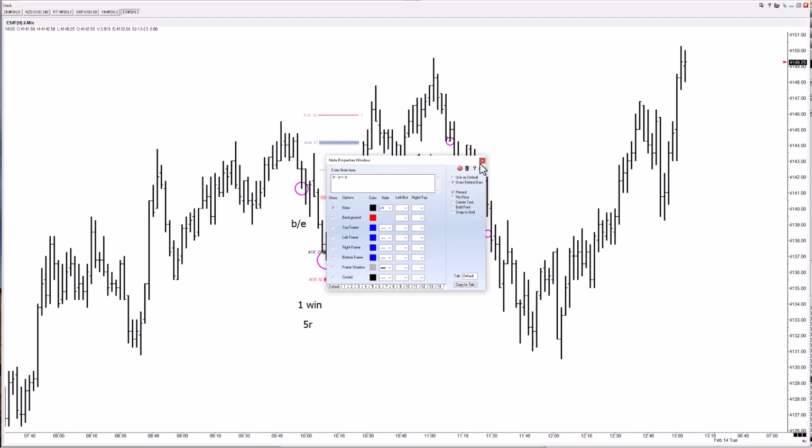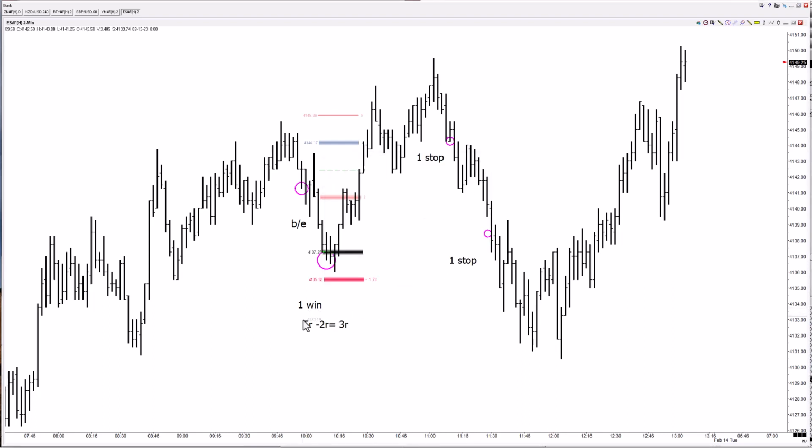That's simple. So that's what I made today. 3R. So 5 risk units I made for 3. Each stop's only worth 1. So I'm ahead. And a risk unit can be whatever you're risking. It might be $20. It might be $100. It might be $1,000. Everybody's different. All right, so you follow me on this so far?